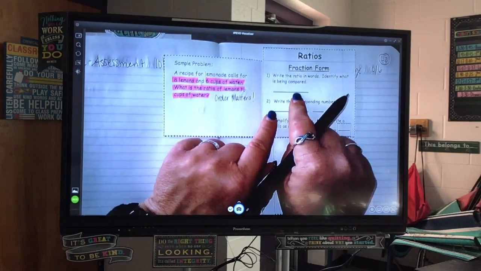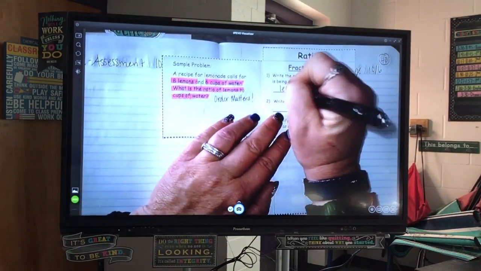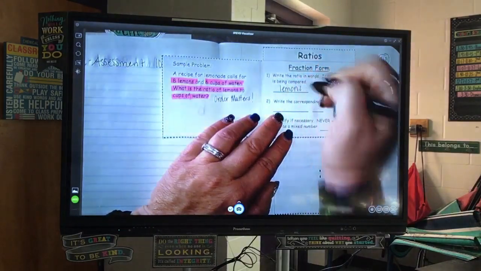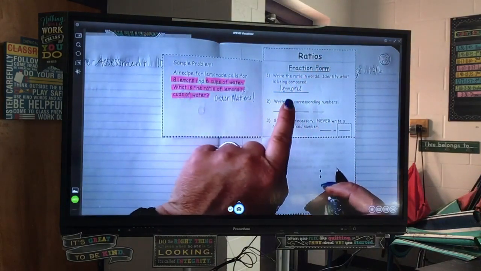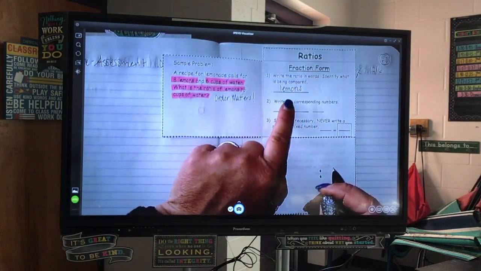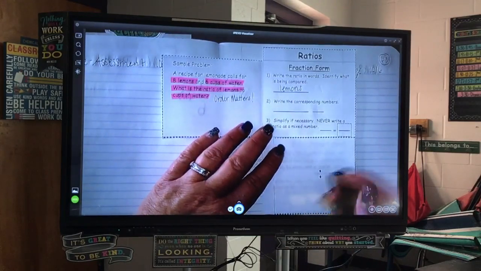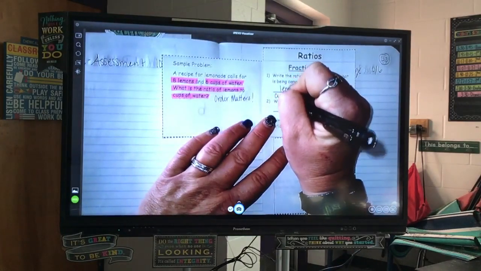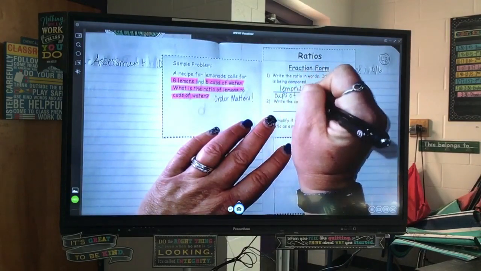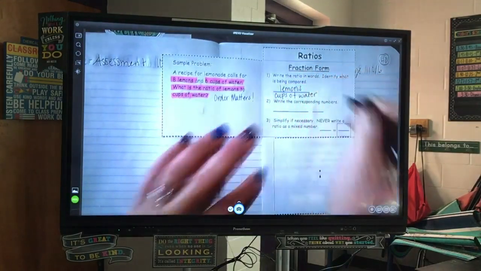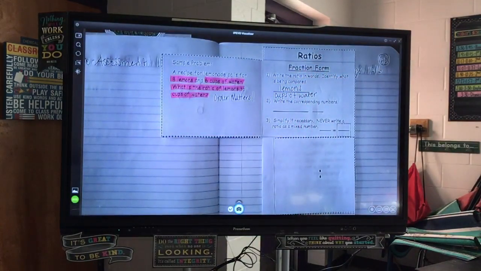Mikhail? Lemons, because that's what goes first in our ratio. Alright, underneath the fraction bar, what's going to go there? What's going to go underneath our fraction bar? Camden? Water. Okay, so cups of water. Alright, so that's writing a ratio with words.